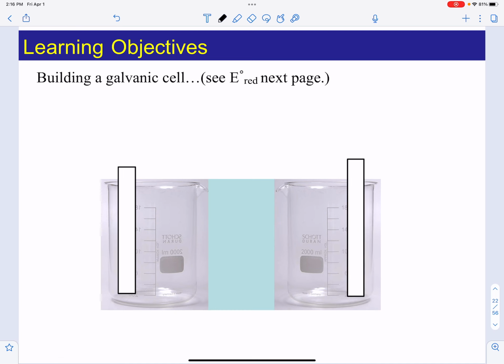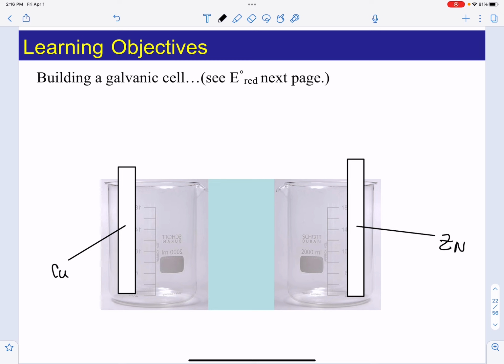And then, like I told you, these are pieces of metal. So I'm just going to randomly pick, I'm going to say that this one is a piece of copper. And this one is just a piece of, let's say, zinc.